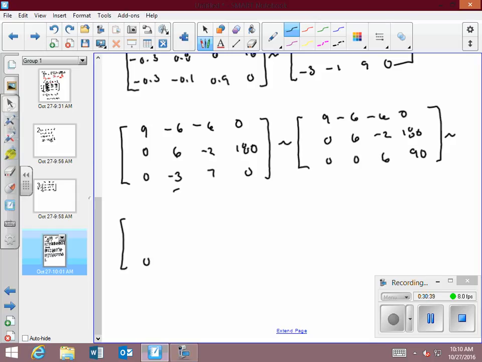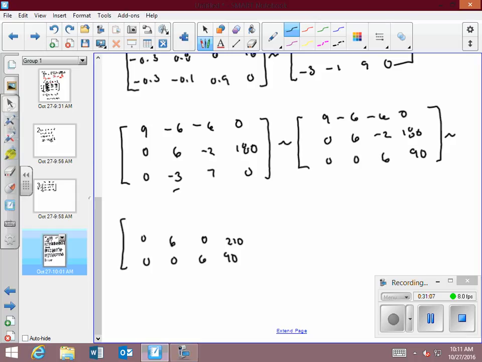So I'm going to go 0, 0, 6, 90. Then to eliminate that minus 2, I take the bottom row times 1/3, and then I'll make this 0. 1/3 of 90 is 30, and that'd be 210, wouldn't it?